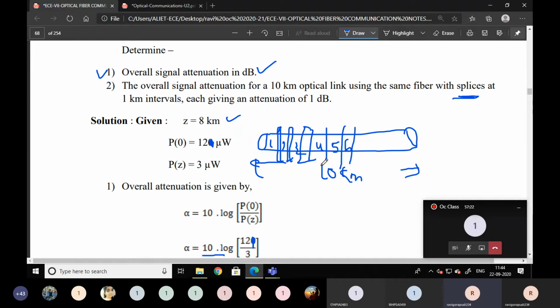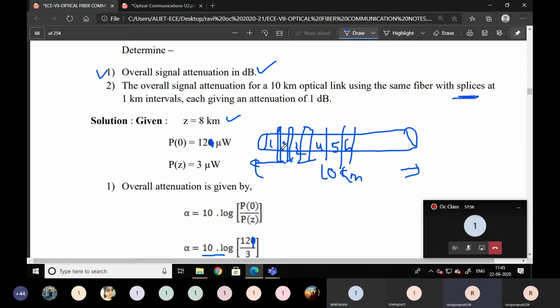How many splices we need? 10, sir. Still any other answers? 9, sir.